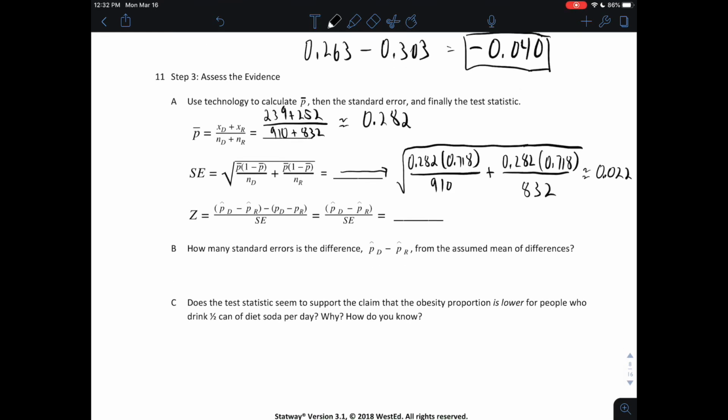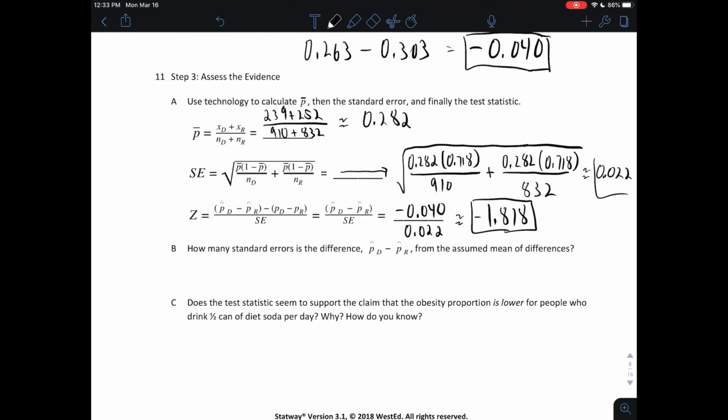And then putting all of this together into our z-score, remember from what we saw before, this just ends up being the difference in sample proportions divided by our standard error. So we have negative 0.040 divided by 0.022. And that gives us approximately negative 1.818.